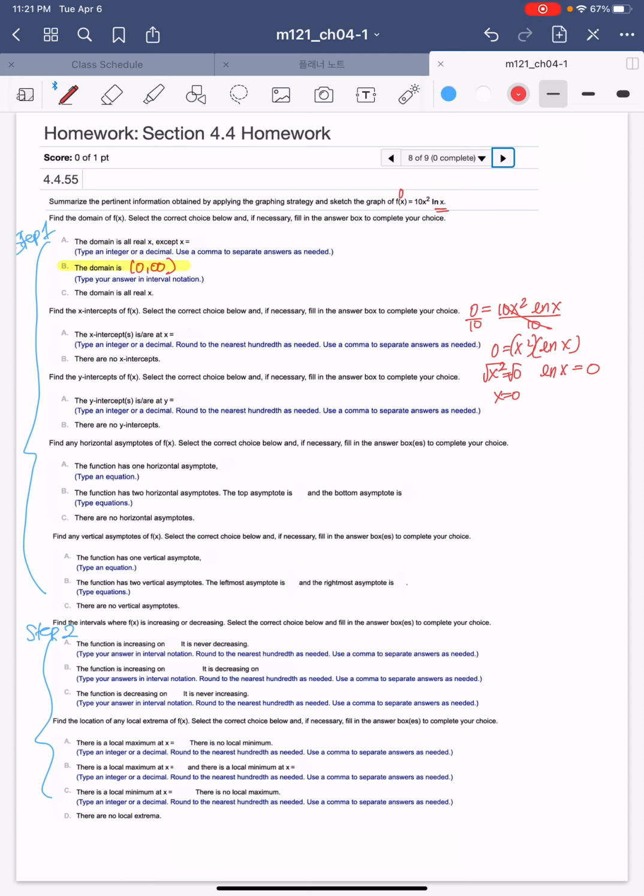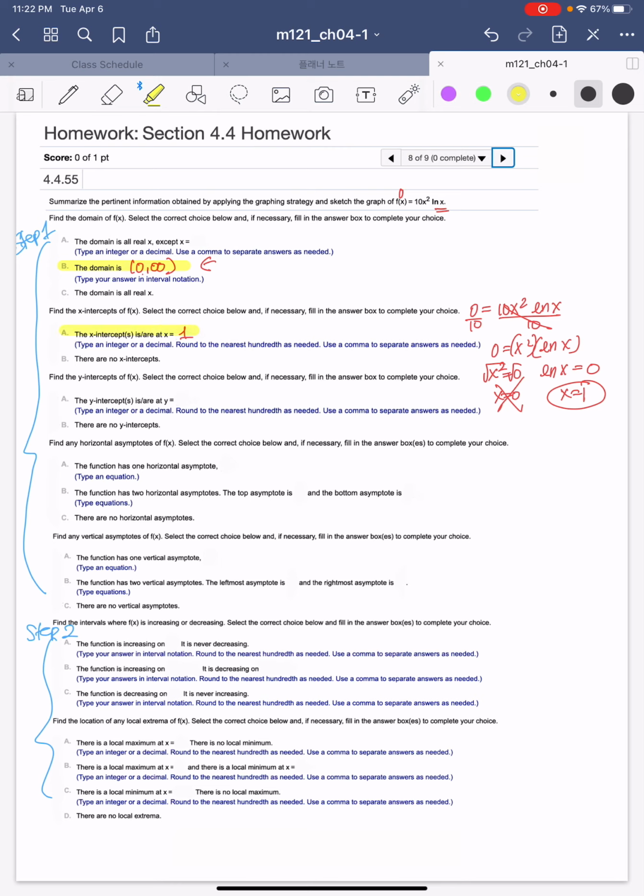Very tempting, but take a look at the domain. 0 is not included, so we exclude that value. 0 is not in the domain. ln of x equal to 0 is when x equals 1. 1 is okay because it's in the domain. So we do have an x-intercept. It occurs at x equals 1. Okay, so let's also highlight that.